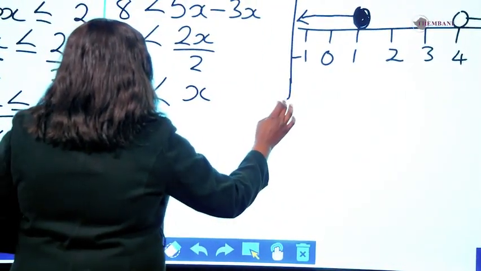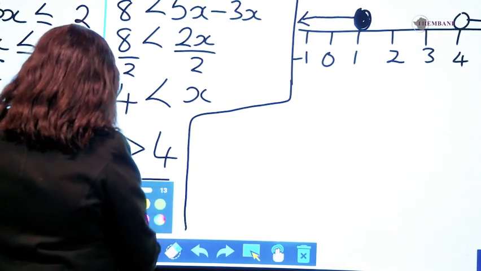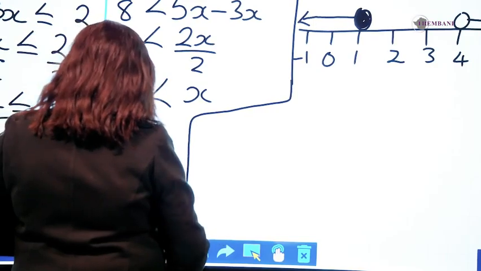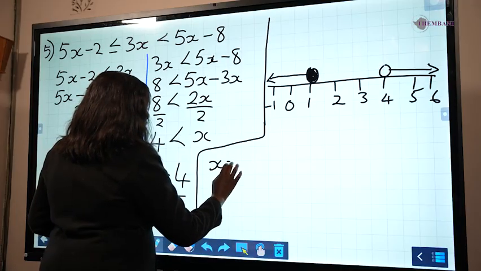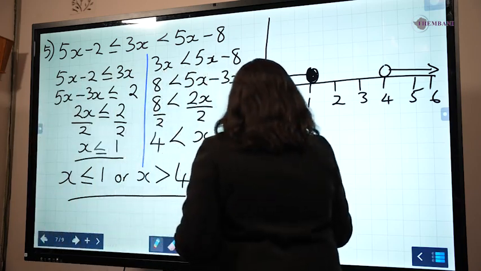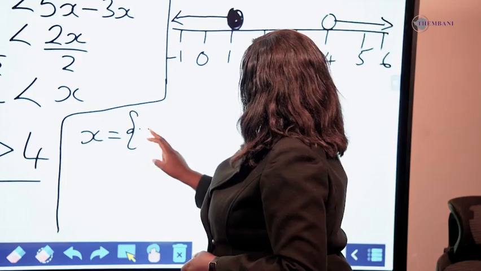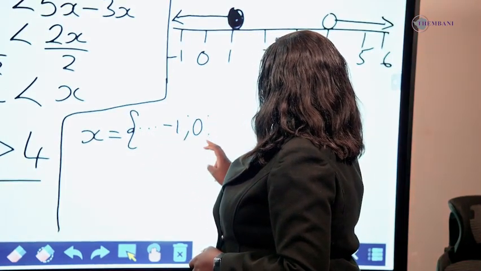I'm going to divide my page like this, okay? So I have my x is equal to, and so on. Then I have my -1, 0 and 1.